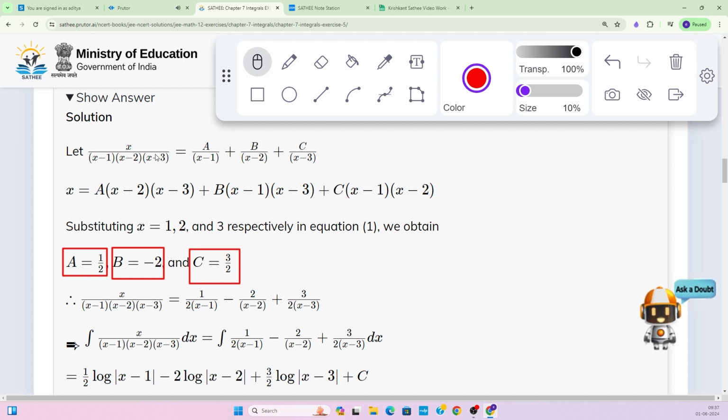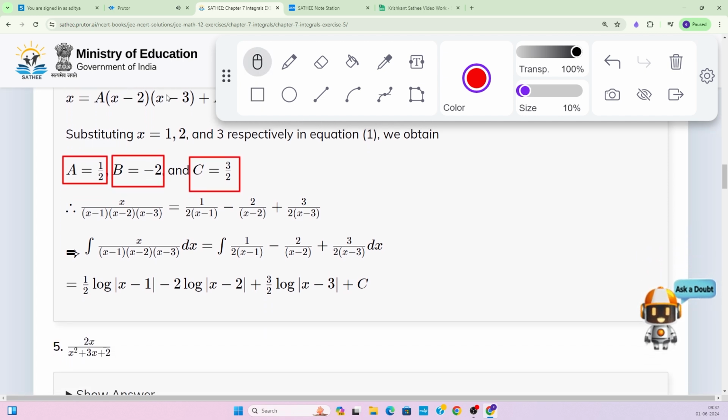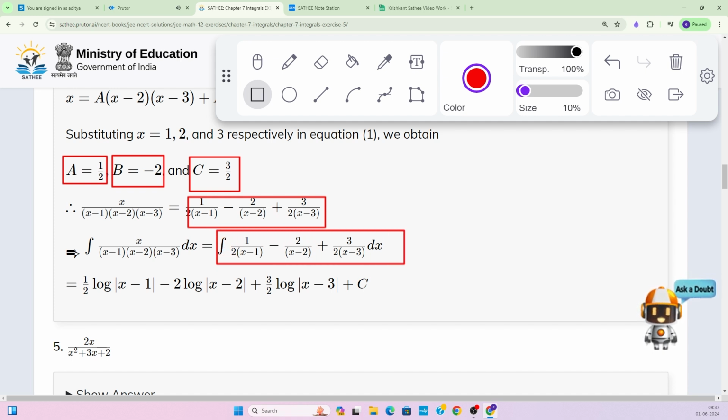So now your expression, your rational function, is transformed to this expression. From this you can get the integration of the original thing is equal to the integration of 1 by 2(x minus 1) minus 2 by (x minus 2) plus 3 by 2(x minus 3).